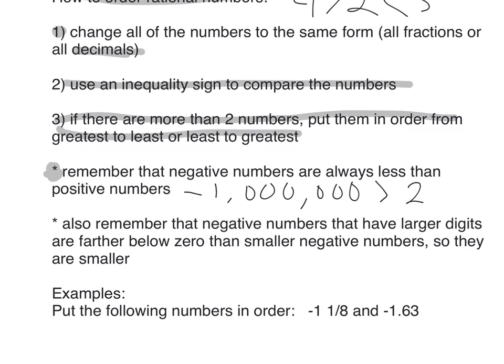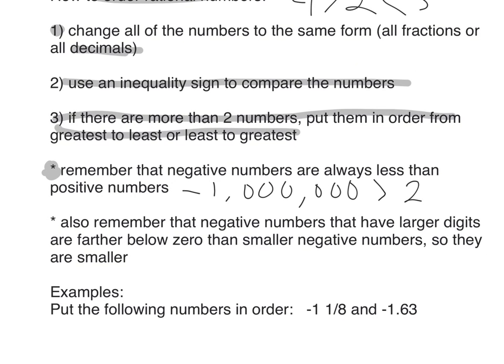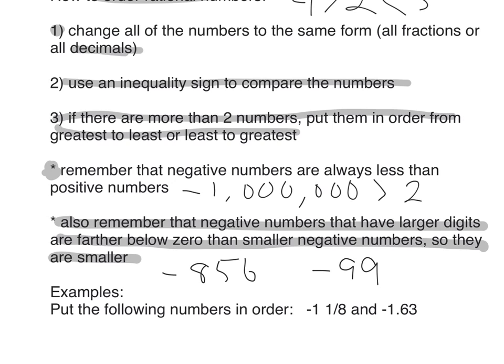Also, remember that negative numbers that have larger digits are farther below 0 than small negative numbers. So they're smaller. So let's say negative 856 and negative 99. Which number is smaller?